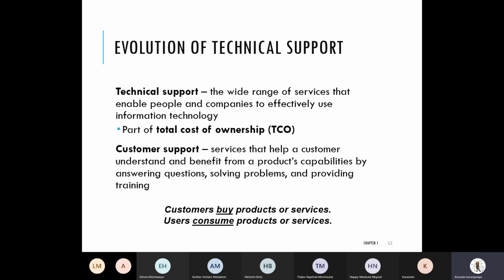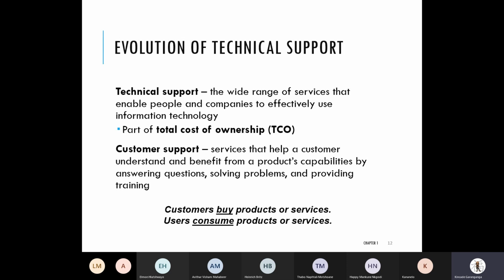So when you look at customer support, basic services, obviously, that help your clients literally understand and benefit from the product's capabilities, right? So that's what your customer support is all about. So there's a massive difference between technical support and customer support. When you're looking at technical support, ultimately, you're looking at the effective use of your technology at large.